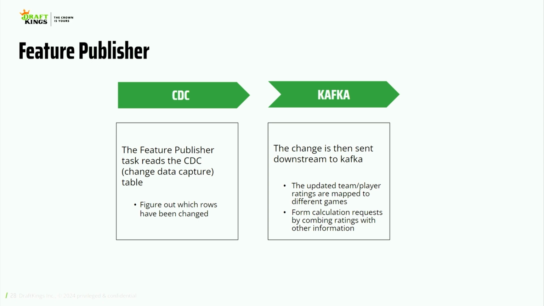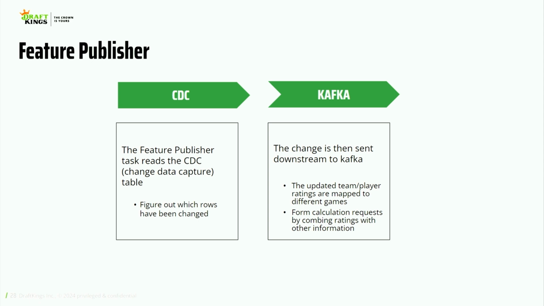After the ratings are updated, we run the feature publisher task. The feature publisher task reads the change data capture table, or CDC table. It figures out which rows have changed, and the changes are then sent downstream to Kafka.